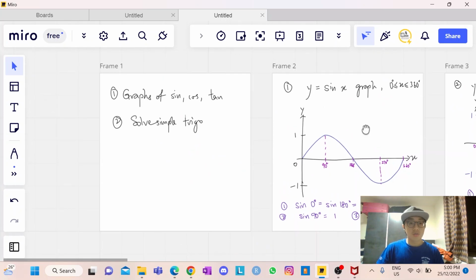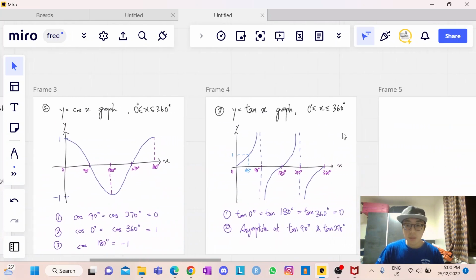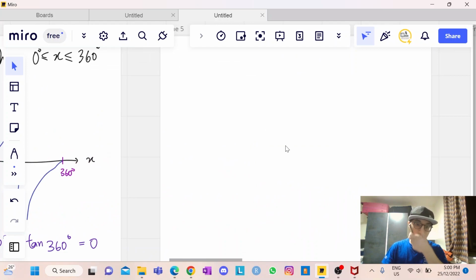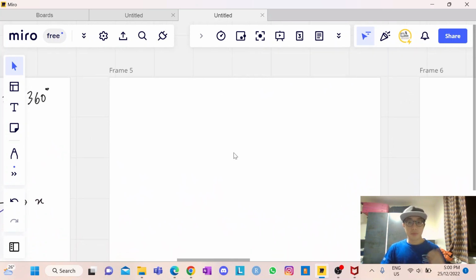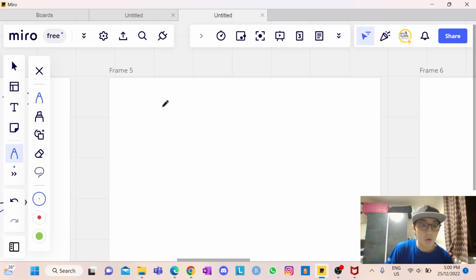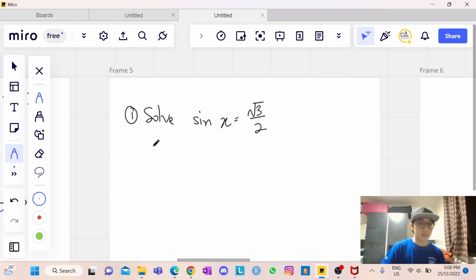To the next part here, I actually covered this a little bit in the last video, where we are going to solve some simple trigonometric equations. The example given is to solve sine x is equal to square root 3 over 2. There are 2 methods for this.